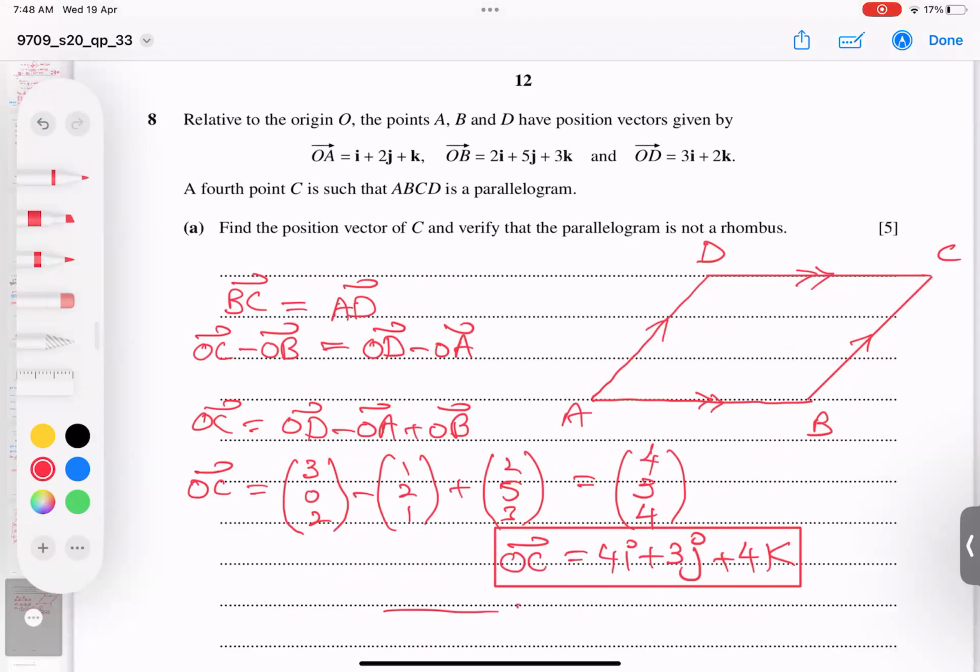Okay, right. Now verify that the parallelogram is not a rhombus. A rhombus and a parallelogram are almost the same, so we have two differences there. In a rhombus, all sides are equal in length, and in a parallelogram, these two sides are parallel and these are parallel, but all lengths can be different. But I think the most important property which can help us is the diagonal.